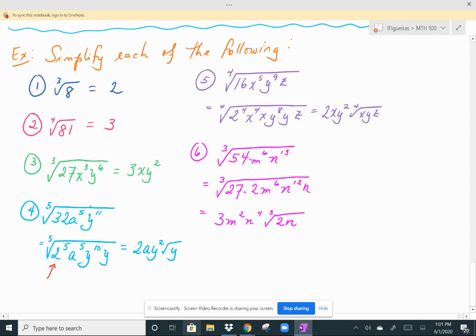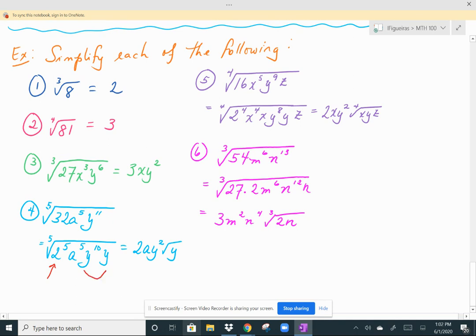A to the 5th is a perfect fifth root because the 5 is divisible by the root of 5, but y to the 11th has to be broken down. And so we want to break it down into expressions where the exponent is divisible by 5. So the number closest to 11, without going over, that's divisible by 5 is 10, and y to the 10th times y is y to the 11th.